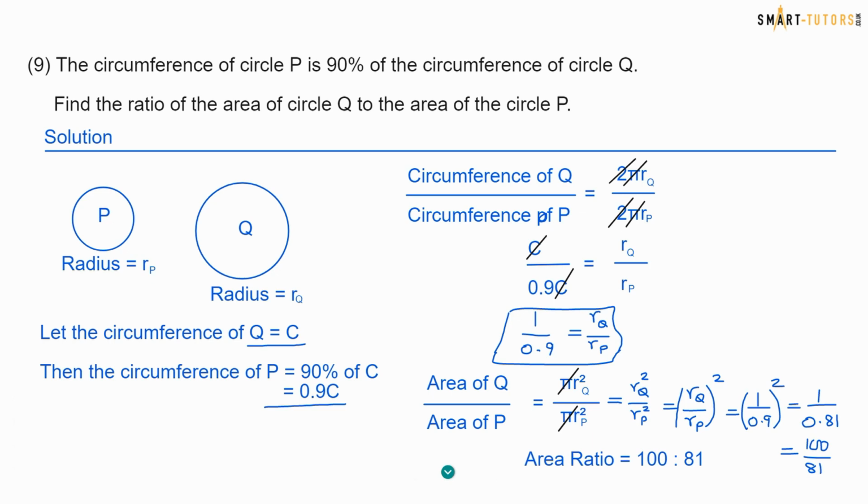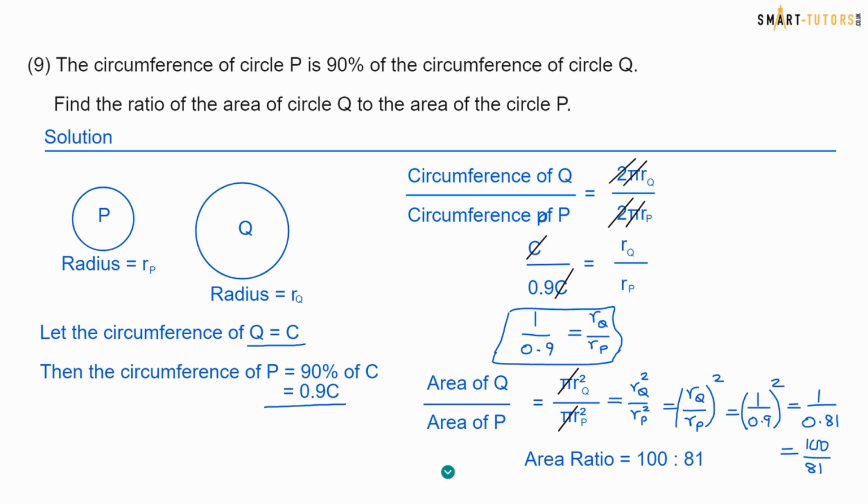So area of Q is pi r squared of Q. Area of P is pi r squared P. So pi and pi cancel out, giving r squared Q over r squared P. Both have a square, so you can put the bracket RQ over RP, whole thing squared. In the first part, you already know RQ over RP is 1 over 0.9, whole thing squared.